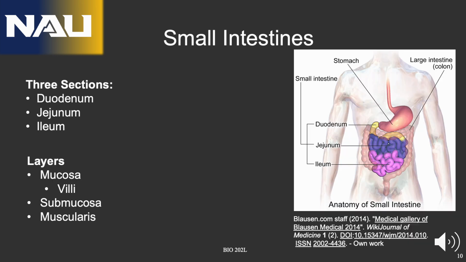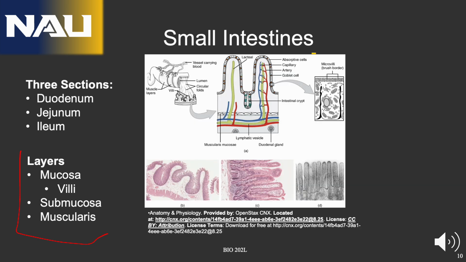After the chyme leaves the stomach through the pyloric sphincter, right here, it enters the first section of the small intestine. The small intestine has 3 sections: the duodenum, the jejunum, and the ileum, each with unique structures and functions. All sections contain the same 3 layers found throughout the alimentary canal: the mucosa, the submucosa, and the muscularis.